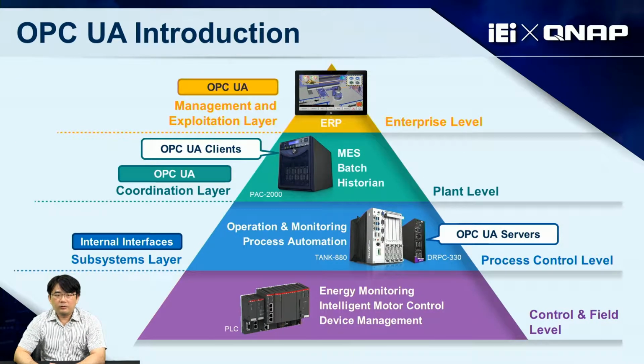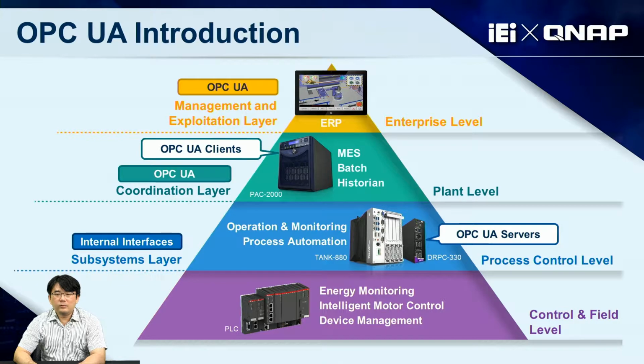This picture shows the system architecture diagram of the OPC UA, including the client and the server of the OPC UA. The bottom layer is the controller that will be used on the production line, such as the PLC and the DCS system, and also the source of the measurement system.